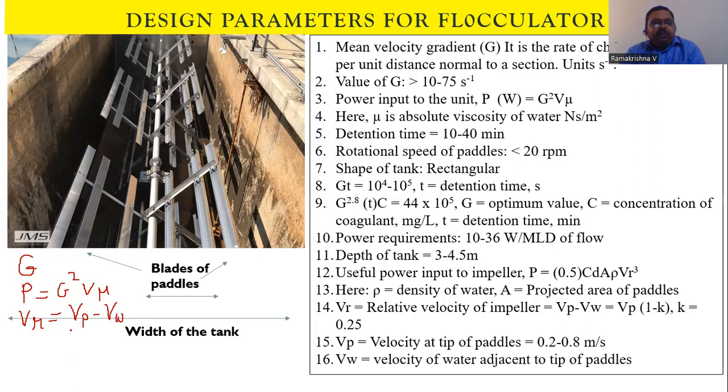VP is the velocity at the tip of the blade and VW is the velocity of the water across the blade. The relative velocity equals 75% of the velocity at the tip of the blades.